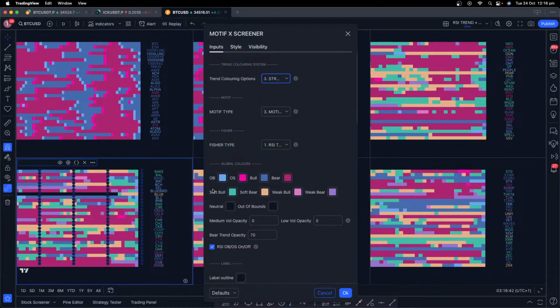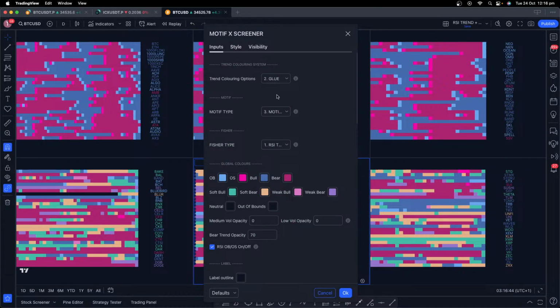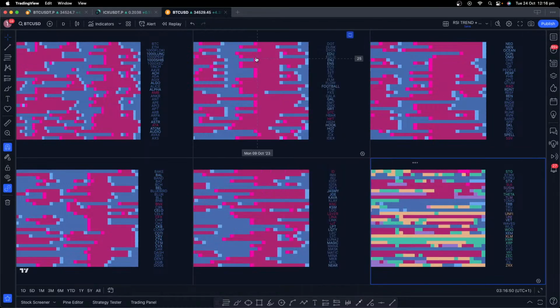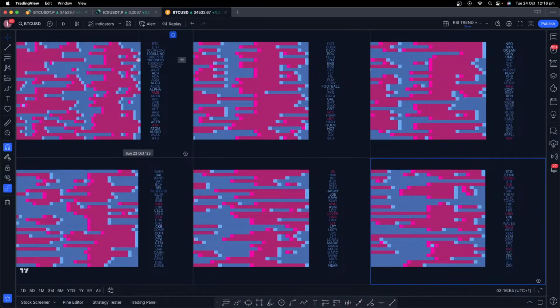Yeah, this is going to give me an overview of the structure on all of them. So for the daily, I'll look at the daily close and I'll see, right, what's broke structure. Now, the ones that are highlighting bright are the ones that have broken structure. You can see that with the bright colors right here. So we've had a lot of altcoins breaking structure on the daily.